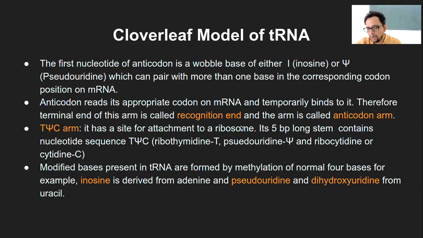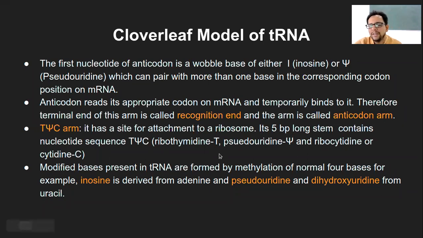Now the ribosome is a protein complex, with quite a lot of sites for attachment of tRNA, so that a specific tRNA comes, drops that particular amino acid, and then the enzyme will do its function. It will attach to the amino acid chain and so on. But for that, the tRNA molecule has to be relatively stable in the ribosomal complex.